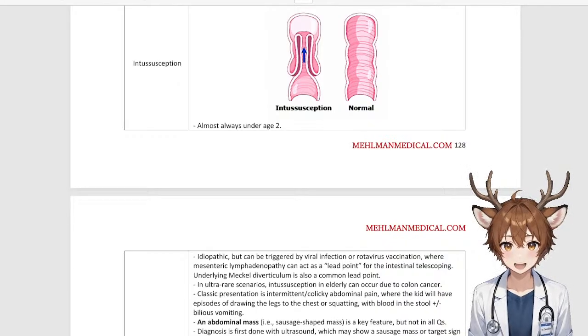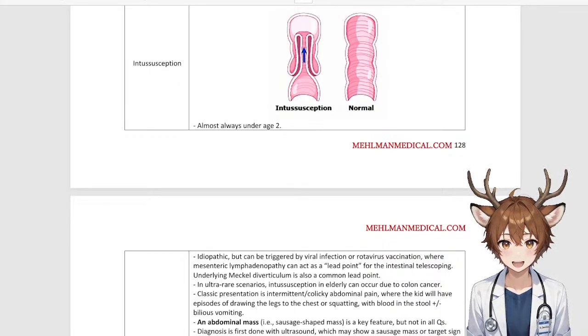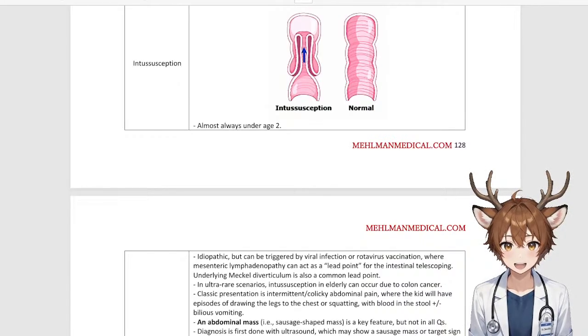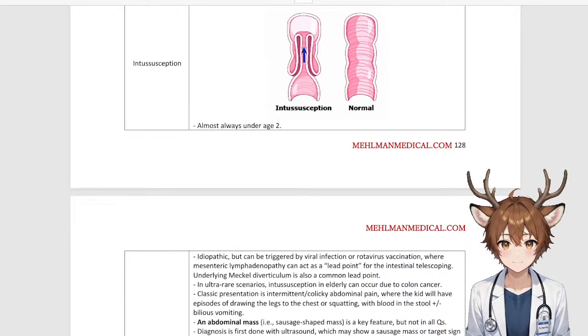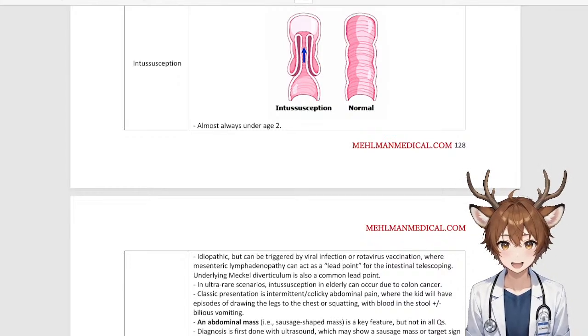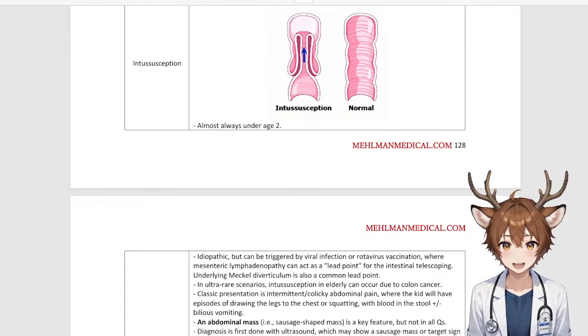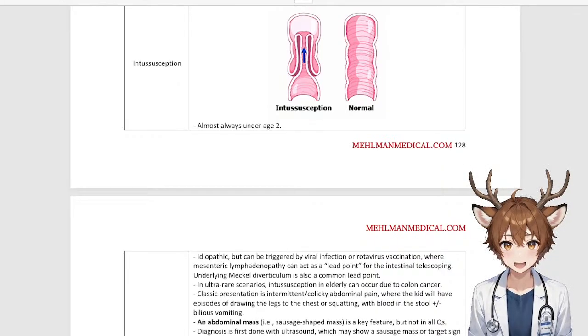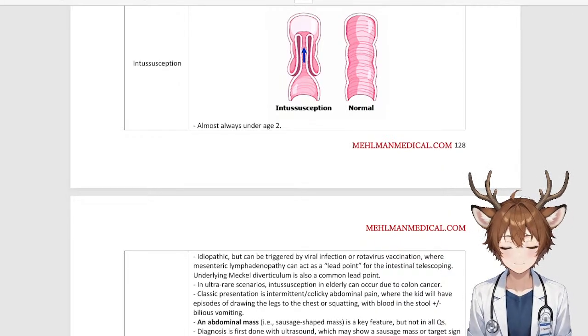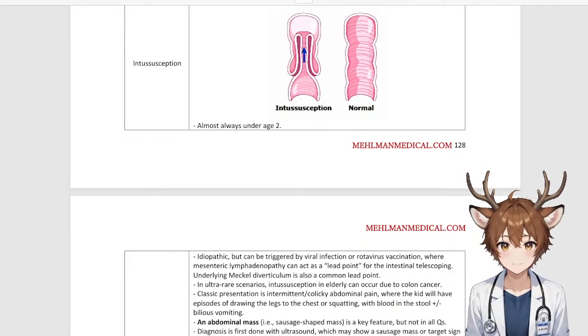Classic presentation is intermittent colicky abdominal pain, where the kid will have episodes of drawing the legs to the chest or squatting, with blood in the stool, plus or minus bilious vomiting. An abdominal mass, that is to say a sausage-shaped mass, is a key feature, but not in all questions. Diagnosis is first done with ultrasound, which may show a sausage mass or target sign.